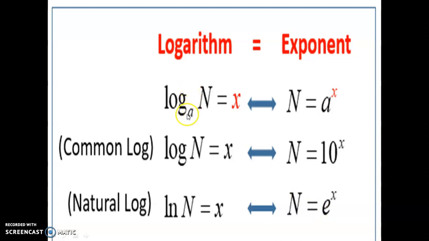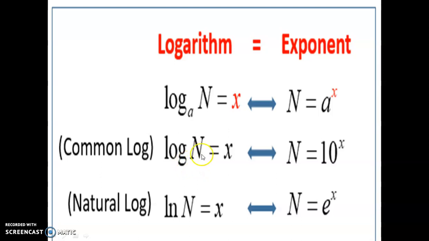I repeat this concept again. Normally logarithm and exponent are in equal parts. How do we define? N is any natural number, a is base and our answer is x. So we convert base a raised to the answer equals the number. Common logarithm always has base 10.